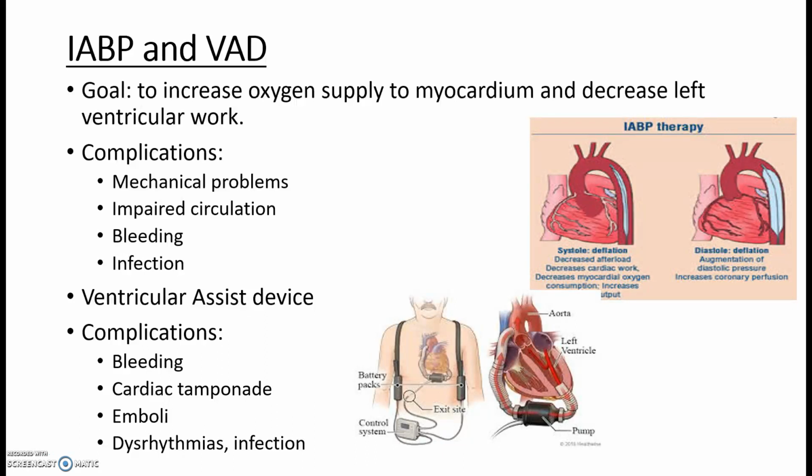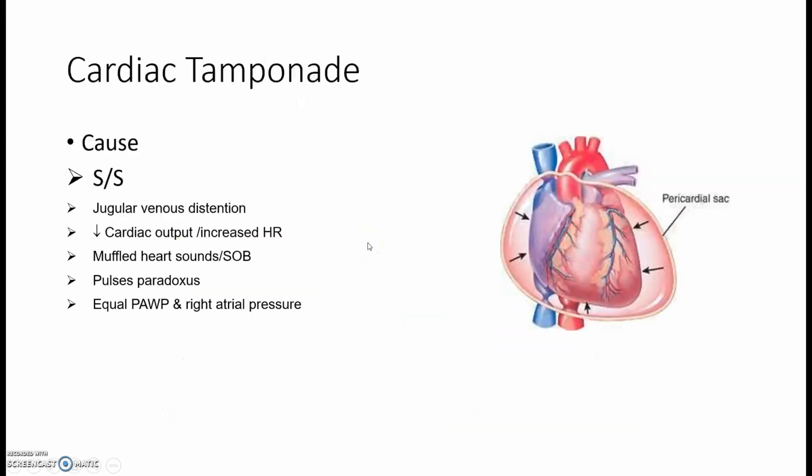So if we cannot improve the coronary circulation and cardiac output through IABP or pharmacological therapies and revascularization procedures, we may rely on the ventricular assist device, and that's just a temporary measure because basically that's a pump sitting outside of the body doing the work of the left ventricle until the proper heart is found for heart transplant. Possible complications would be bleeding, tamponade, emboli, dysrhythmias, and infection.